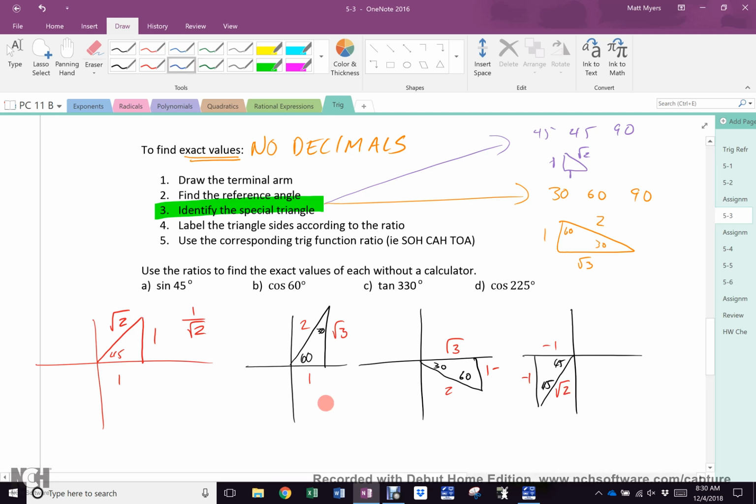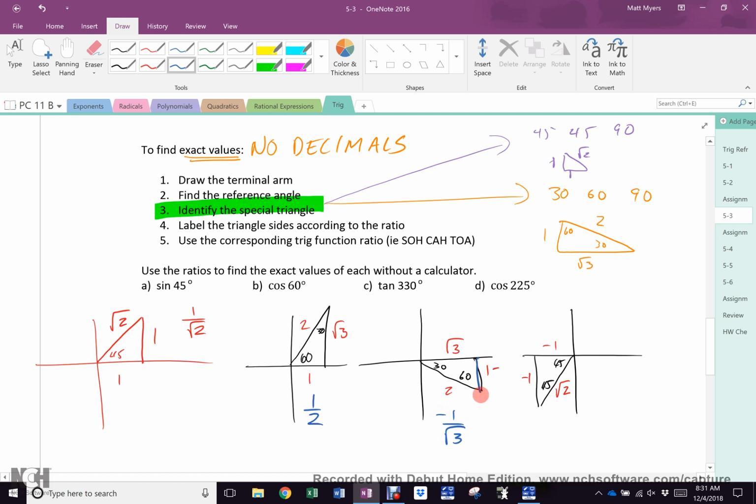What is B? Cos of 60. 1 over 2. What's C? -1 over root 3, exactly like all the trig we've been doing all the way along.